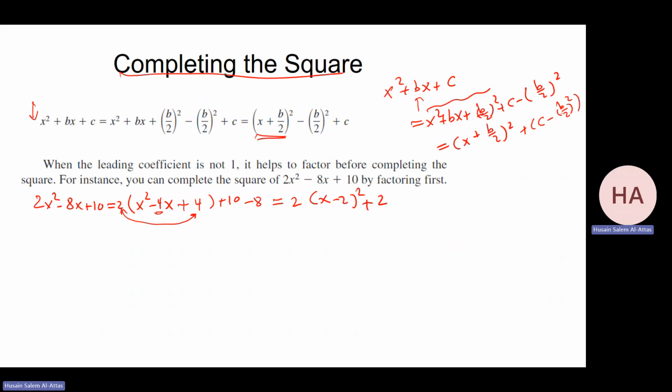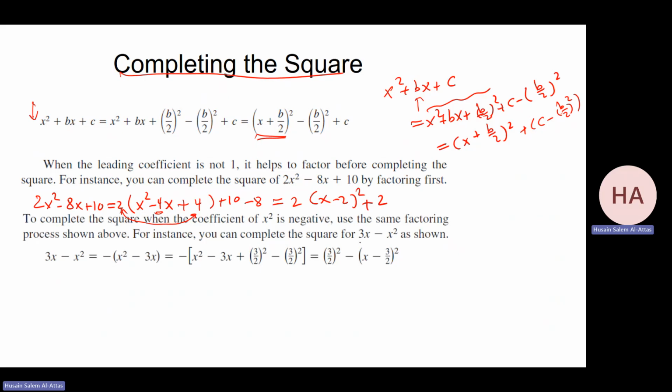Now I wrote it in terms of completing the square. In this one the coefficient is negative. So your first step, you take minus as common factor, and have x squared minus 3x. I add half of this, squared, which is 9 over 4. Since I'm adding 9 over 4 inside, I add 9 over 4 outside.